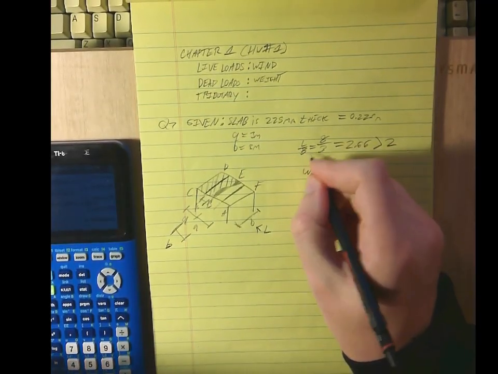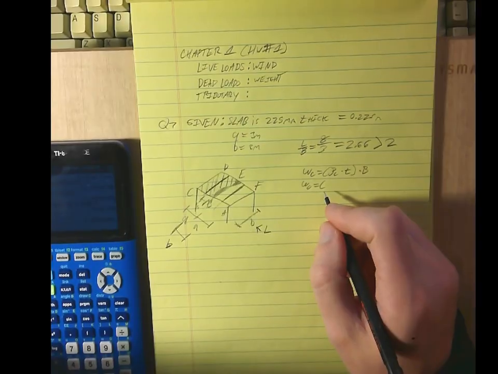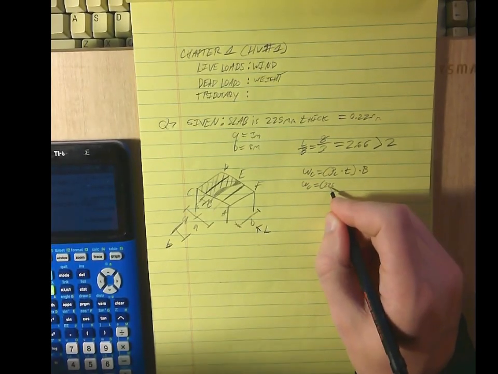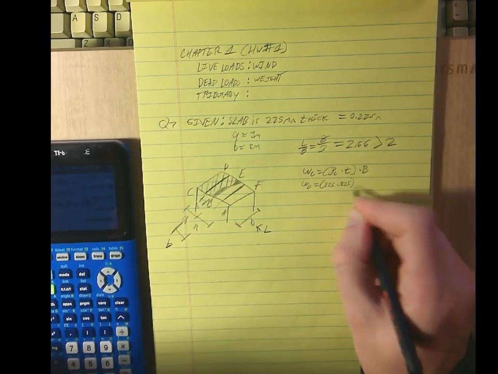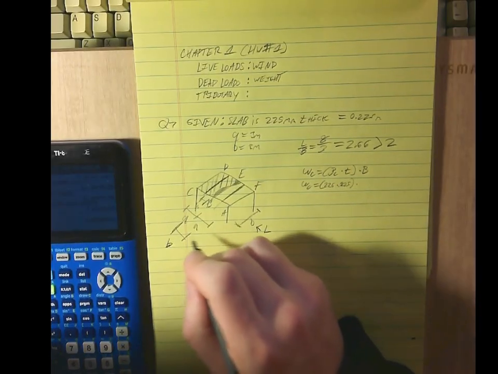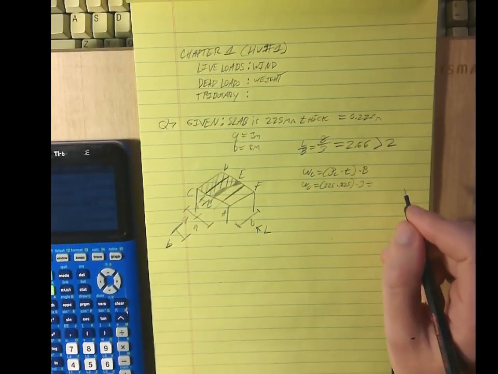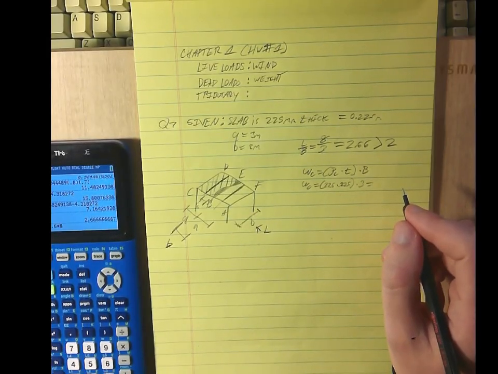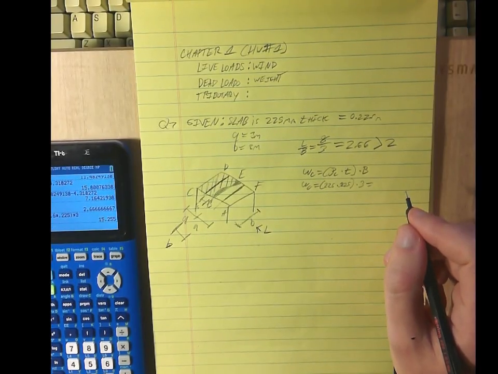I said lowercase b, I think it's actually capital B. So WC is going to be, I think this is weight, I'll put 22.6 here anyway, times 0.225, times the tributary area, which is actually equal to A, 3 meters, times 3. So 22.6 times 0.225 times 3.